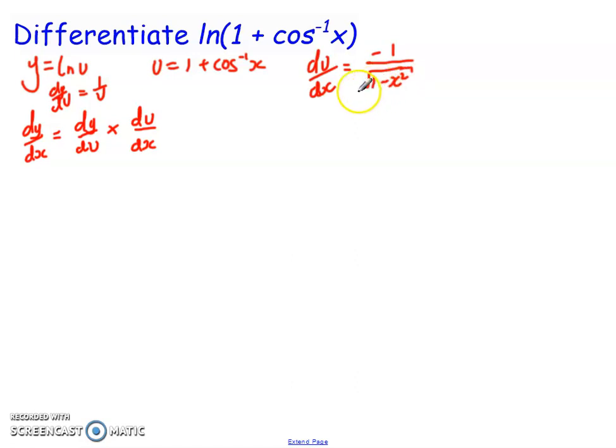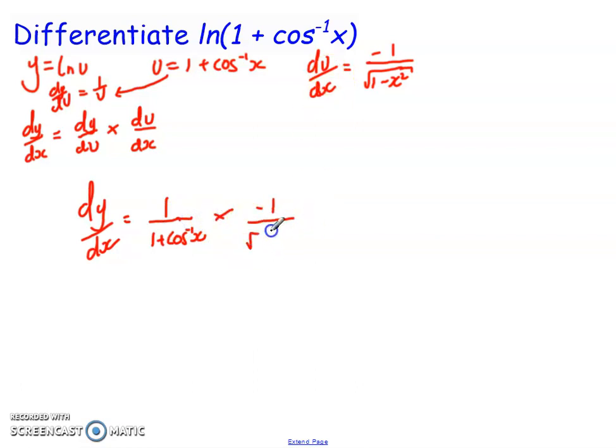So now all I have to do is combine these together. What I'm also going to do is substitute this back in for the u here. So dy by dx is equal to 1 over 1 plus cos minus 1 x, times the du by dx, times negative 1 over square root of 1 minus x squared.